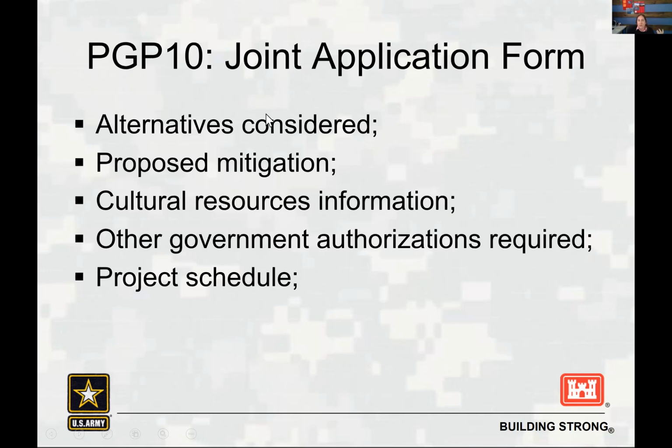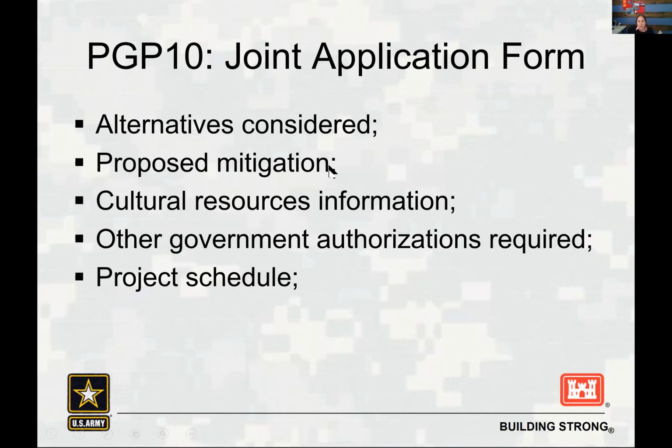And then there are other sections in the application where you should include alternatives considered. So what we're looking at is, did you look at other things that you could have done instead of the project that you're proposing? Propose mitigation.